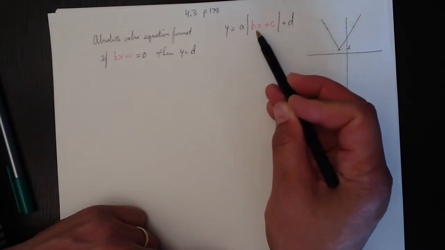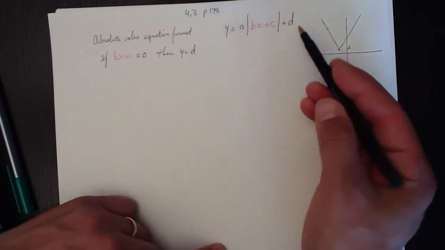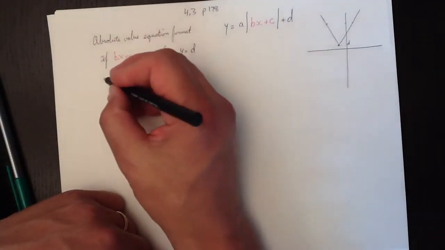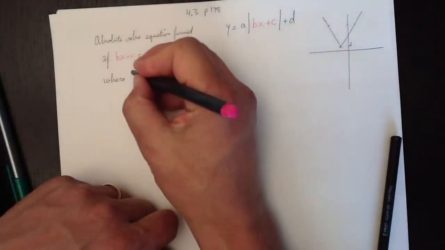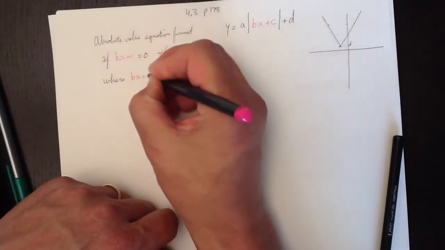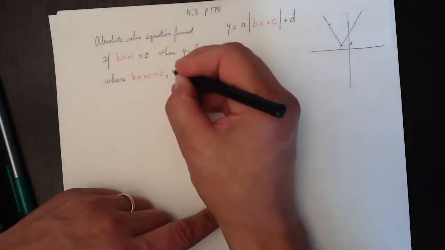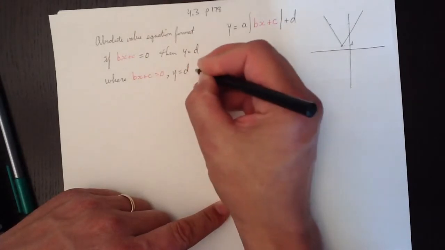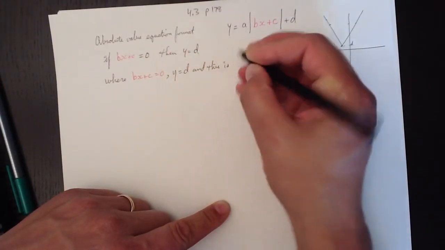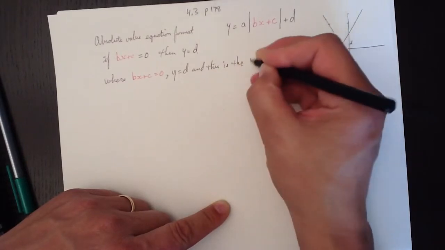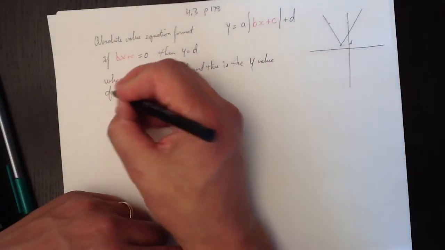I'll say that again. If this stuff equals 0, y equals d. In other words, where bx plus c equals 0, y equals d, and this is the y value of the vertex.